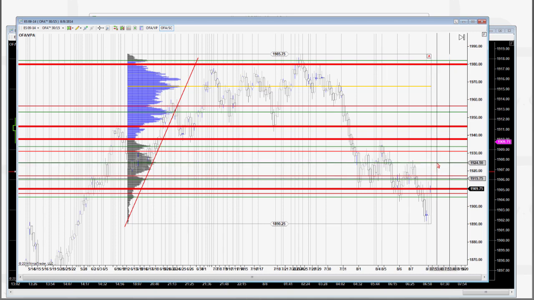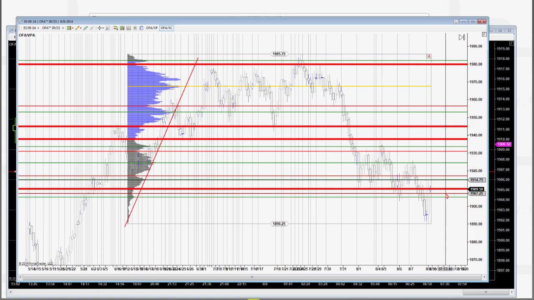I want to make sure, based on everything we talked about, the elements of the volume profile: high volume areas act as magnets. They're fair price. At fair price we expect rotation, because fair price says that both buyers and sellers are engaged in trade.